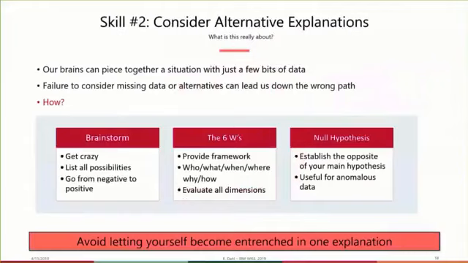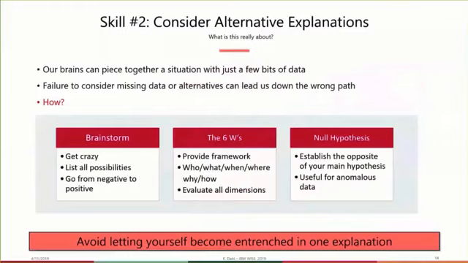Number 2, so now we've checked our assumptions. Are there alternative explanations? Are there alternative explanations for behavior, for an activity? Like I said, our brains can piece together a situation with just a few bits of data, but the scary thing is that if we fail to consider missing data or alternatives, this can lead us down the wrong path.